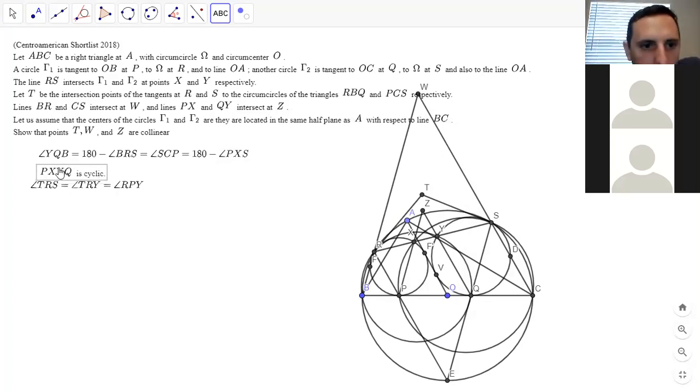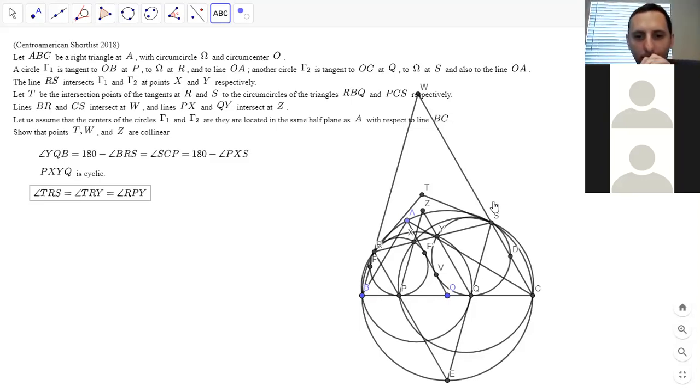Let's see, YQB. Gamma 1 and gamma 2 are the small circles. X and Y are where it hits the small circles, and we need to show, oh, you're right.